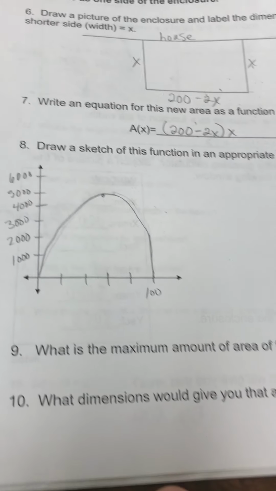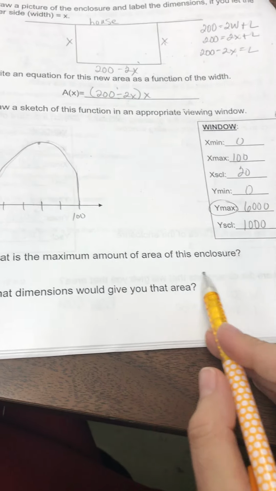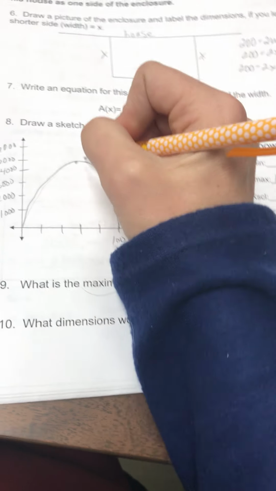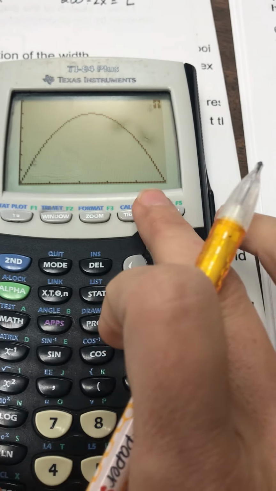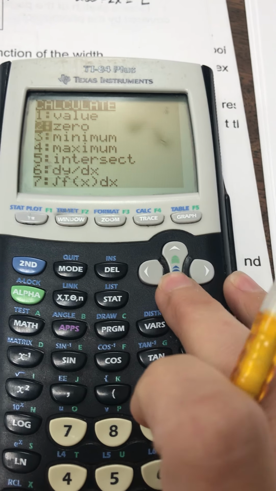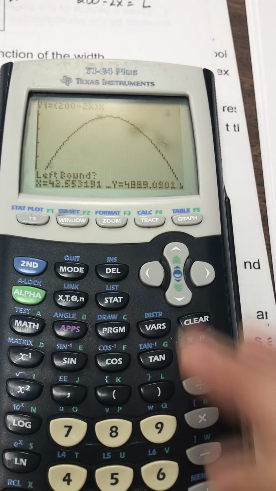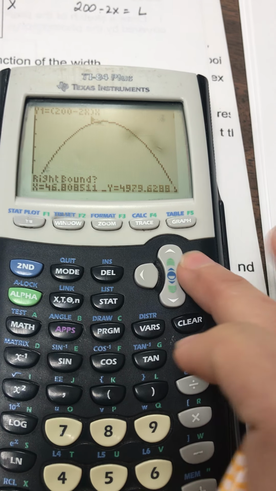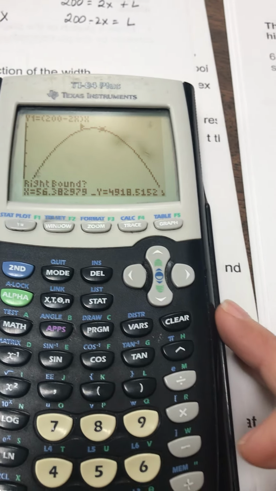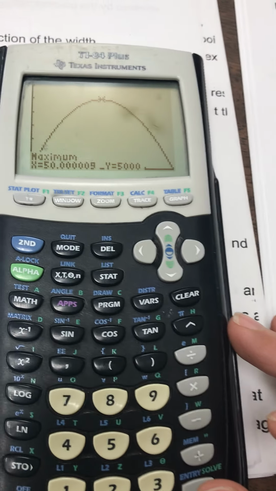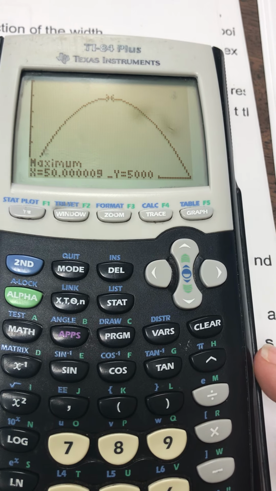Okay. What's the maximum amount of the area of this enclosure? The maximum is going to be your maximum point up here. So to find it on your calculator, you're going to go to second, trace. You're going to go down to maximum. You're going to go to the left of it and hit enter. You're going to go to the right of it, hit enter. And you're going to get 50 and 5,000.